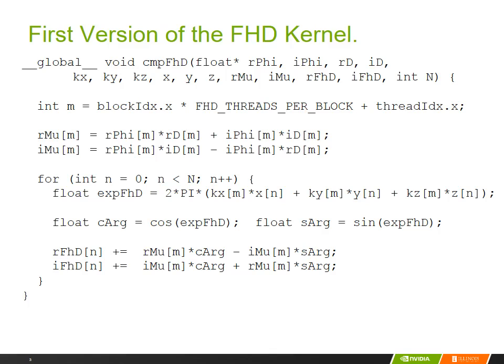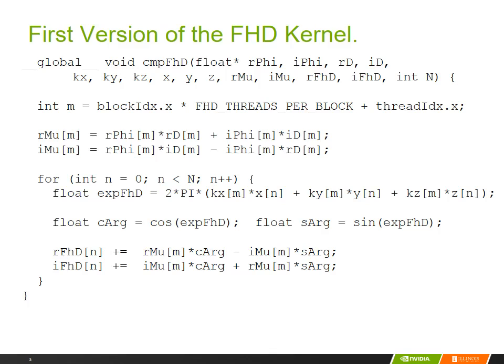The problem is that when each thread calculates the contribution into RFHD and IFHD values, all of them are going to go through the same elements. They are all going to be doing read, modify, write into the RFHD and IFHD elements. This creates a tremendous amount of conflict, and we will have to use atomic operations.